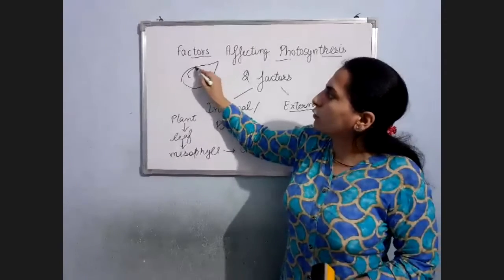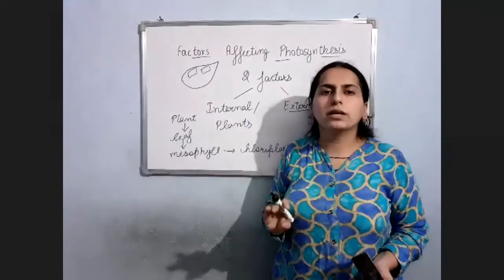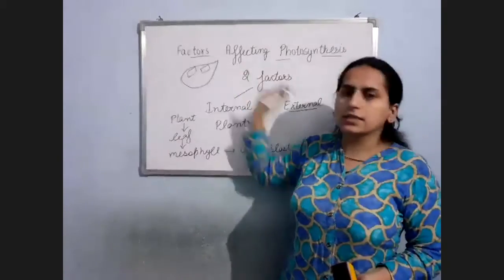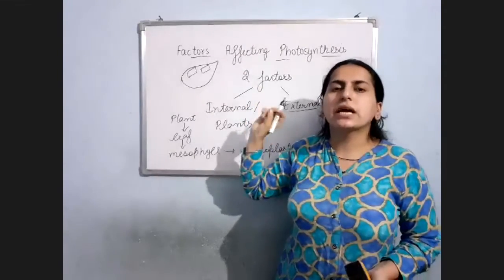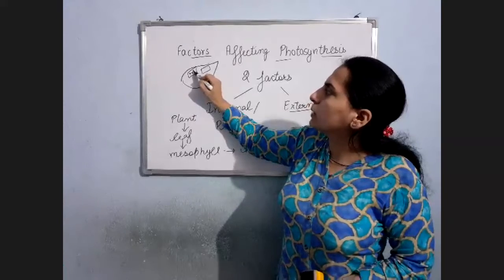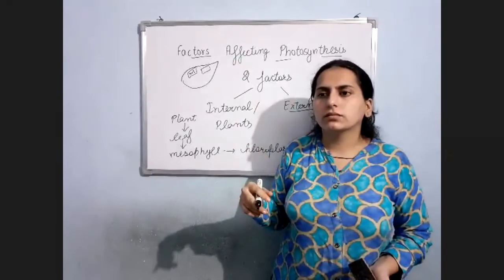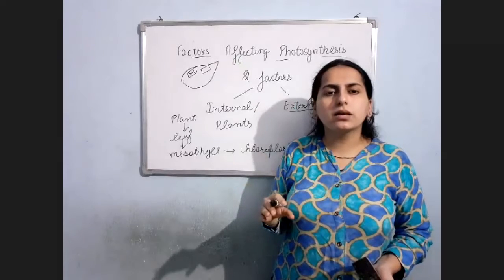Suppose here I have grown mesophyll cells. This we can see via microscope only. Okay. So in these mesophyll cells, we have chloroplast. So here, suppose I have 5 chloroplasts. This is just a hypothesis. Am I audible, class?